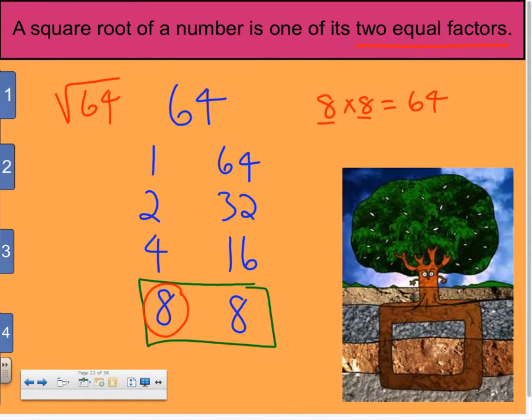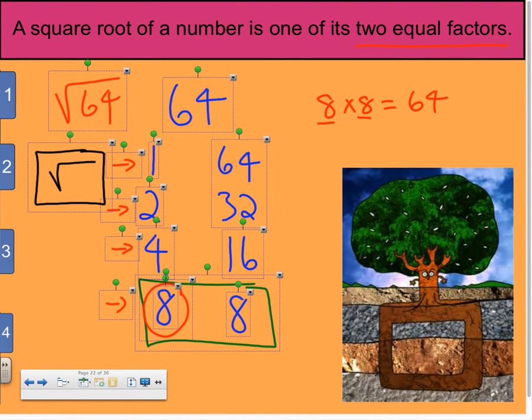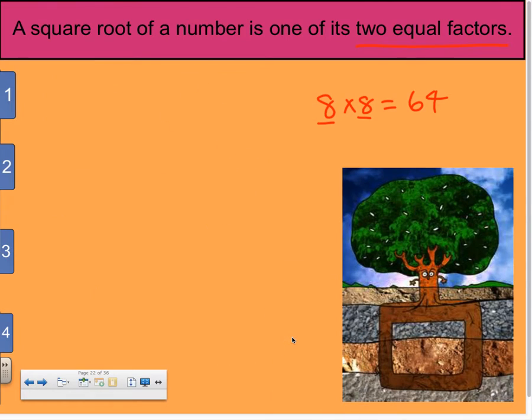There's a couple ways we can do that. You can do some guess and check by putting factor pairs, or you can use the lovely little radical sign that will be on your computer or on your calculator, and that is going to save a lot of time. So let's do a couple of these problems and see how we do with square roots.